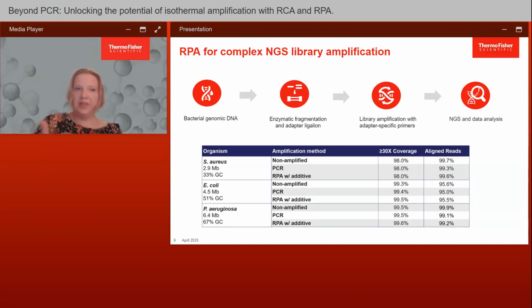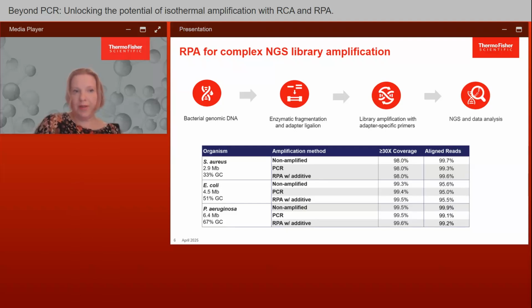And after sequencing, we compared the data obtained after PCR, after RPA, and without any type of amplification, which is the gold standard in such experiments because it's not an amplified genome. As you can see from the table, in all cases, we got more than 98% of the bases with more than 30 times coverage.